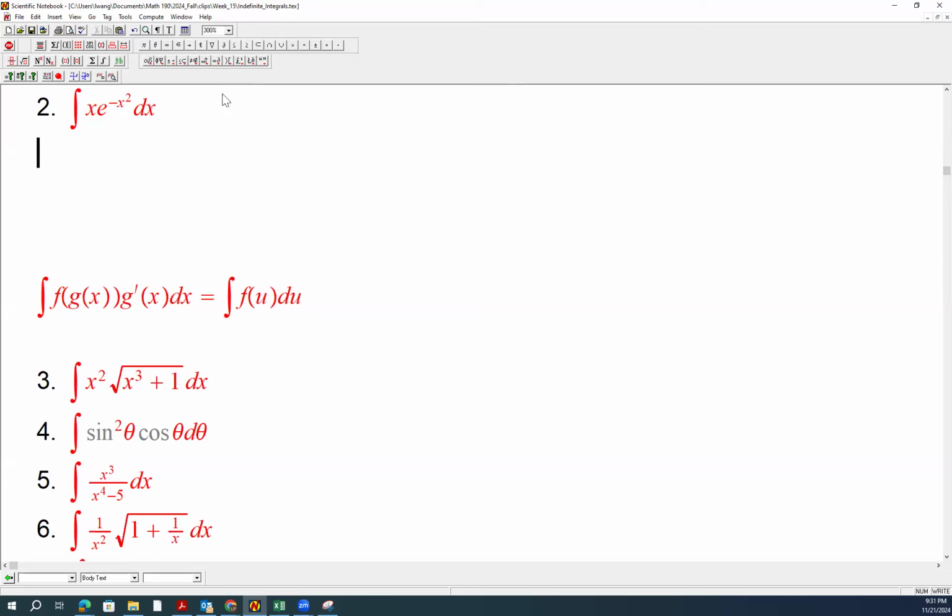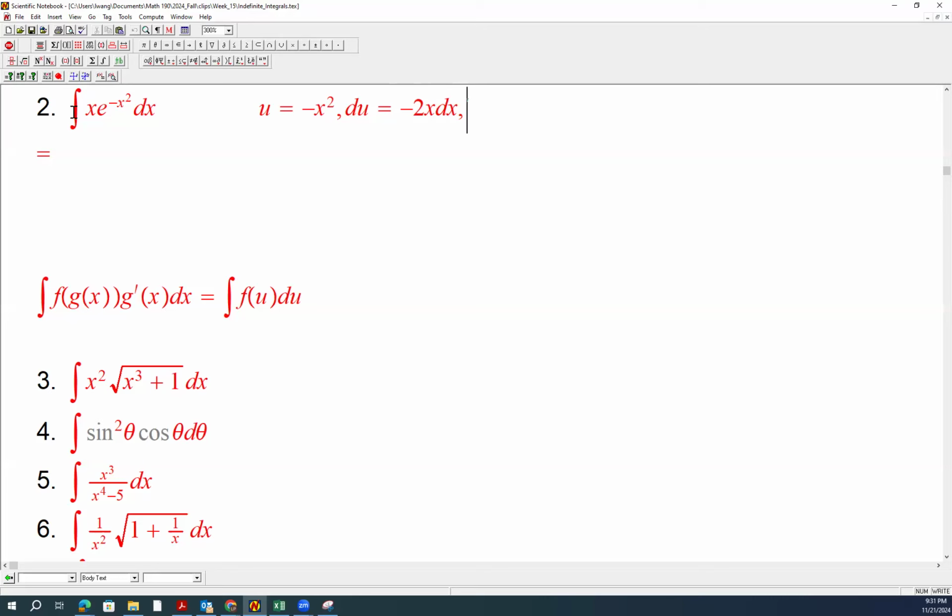The second one, to integrate, I would introduce u equals negative x squared. So this will be entirely replaced by u, and the derivative of u will be negative 2x dx.